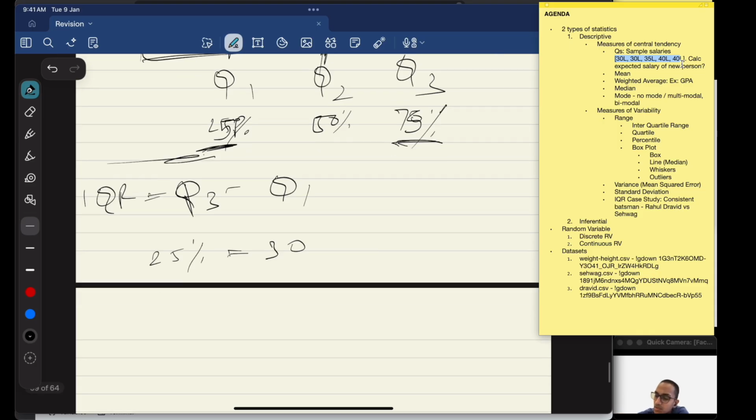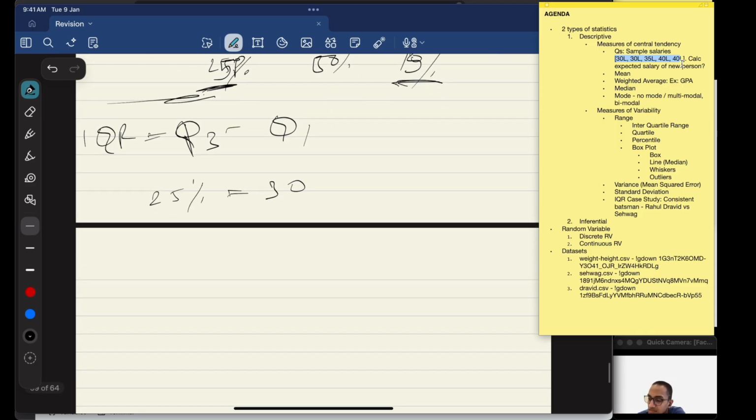To give you a much more real world example, let's say I am in the 95th percentile in my class. What this means is I am better than 95% of the people in my class.